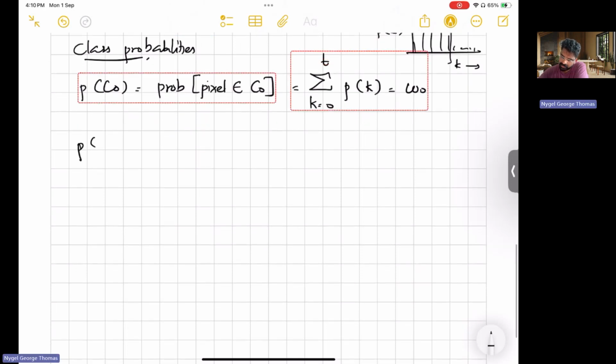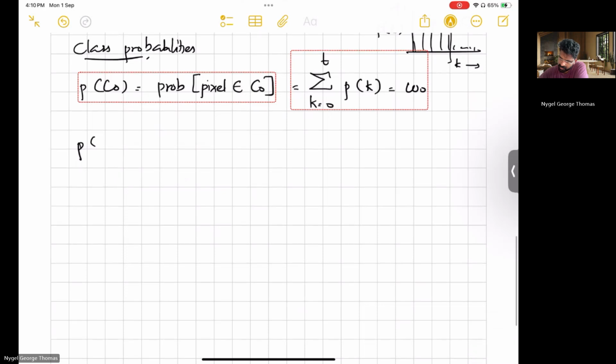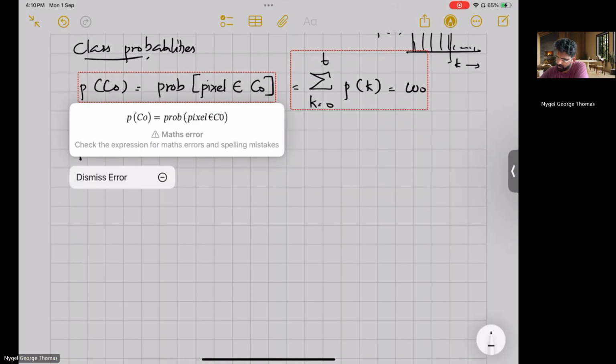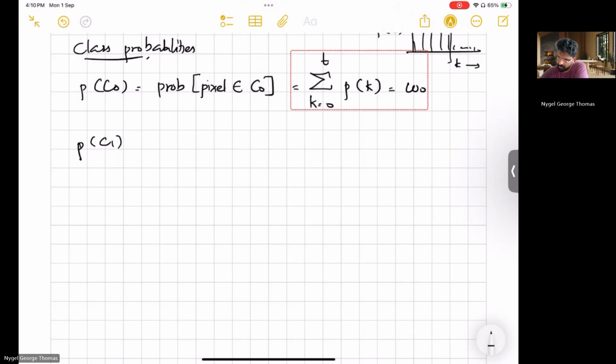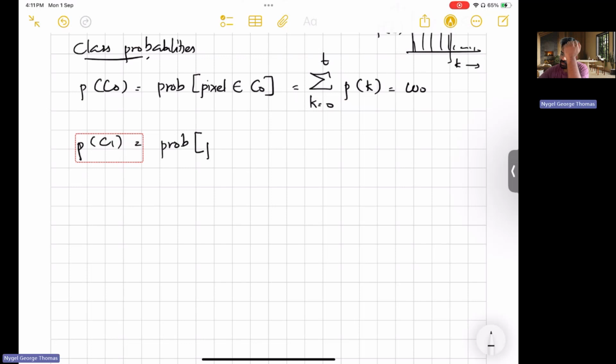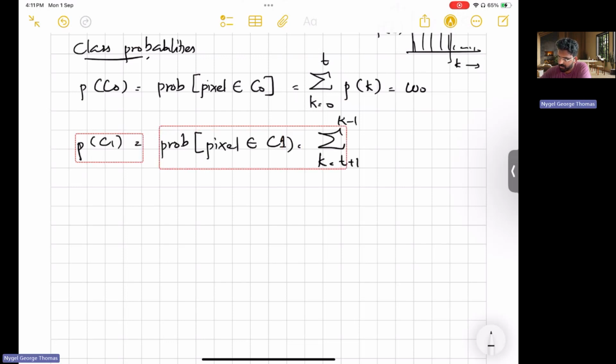Similarly, the probability of C1, the probability that a pixel belongs to class C1. Here we have to sum all entries from T plus 1 to K minus 1.